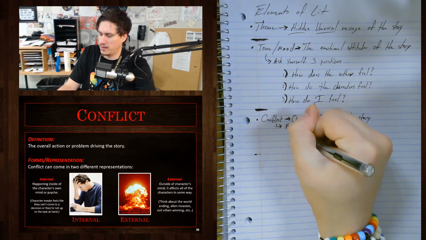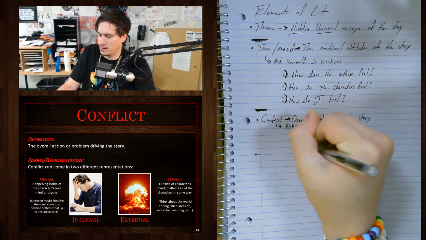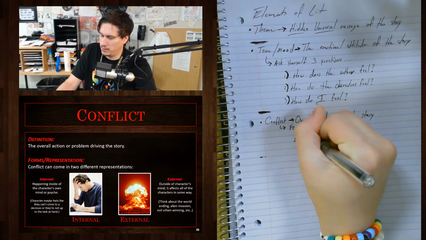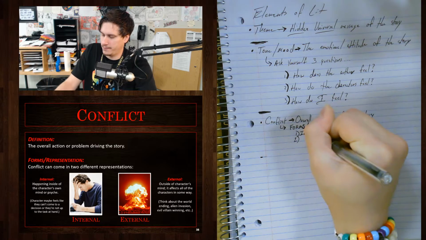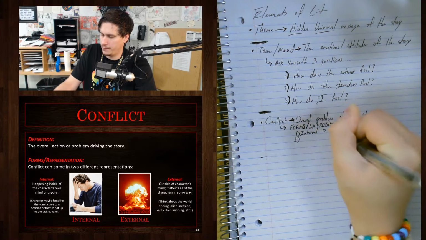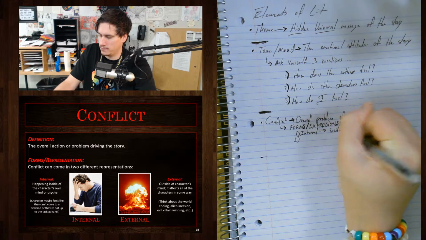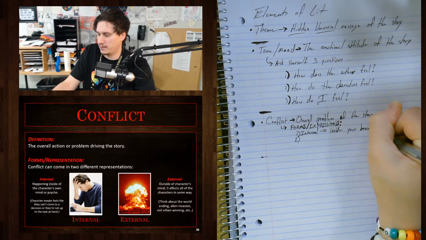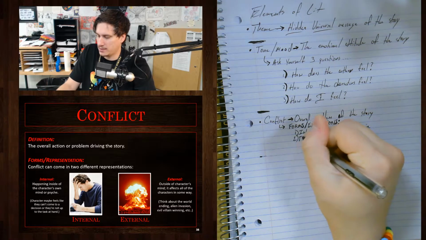The first way that you can have this is called internal. Internal means inside your brain. Inside your brain, or inside your character, if you want to do it that way. Then you have external.